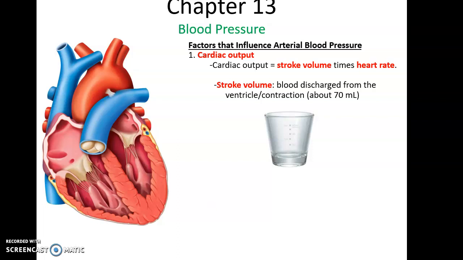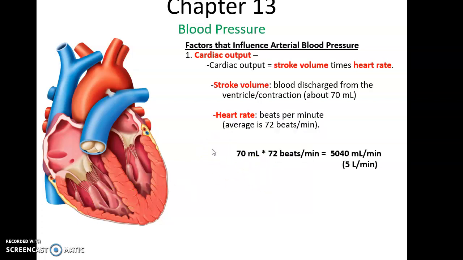Now, cardiac output equals the stroke volume, how much blood is moved per beat, times the heart rate, how fast the heart is beating. So the standard stroke volume is about 70 milliliters, or a shot glass worth of fluid, sent out each time the ventricles contract.